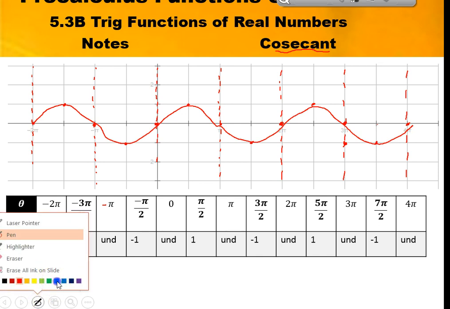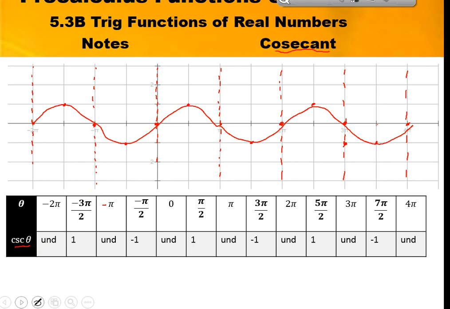Let's change colors here. Now remember what I said. I said that we would have peaks. At the peaks we would have these parabolas. So that's what this is going to look like. These are going to look roughly like this at the peak. This one's below, so it's going to be pointing down.